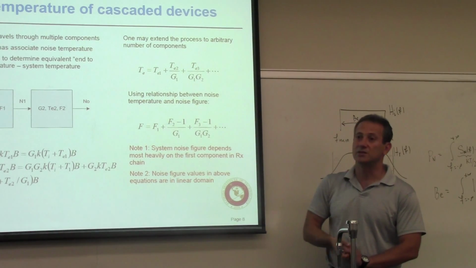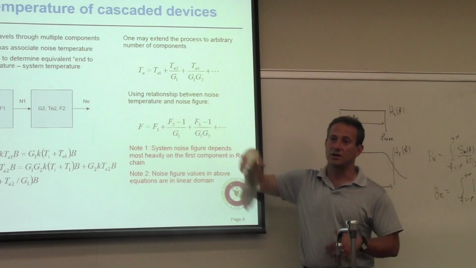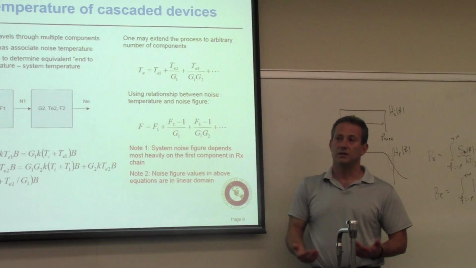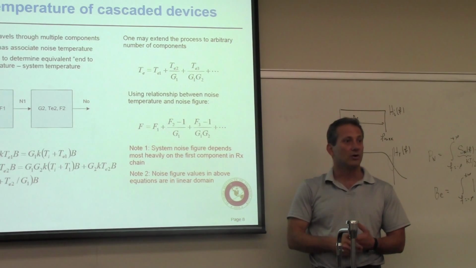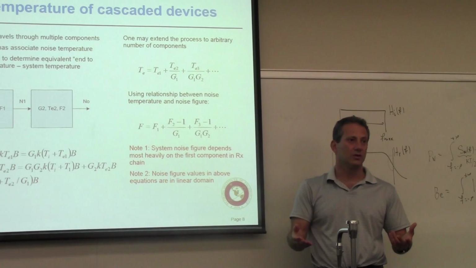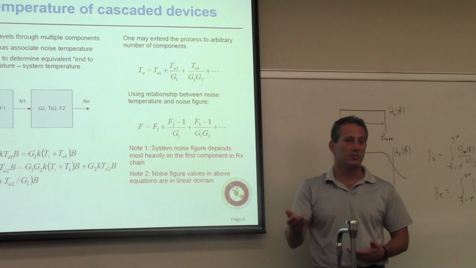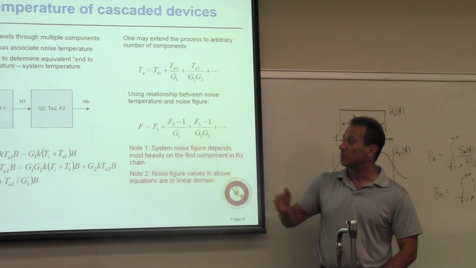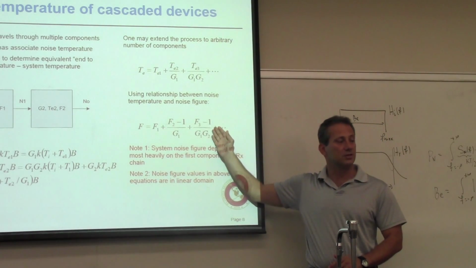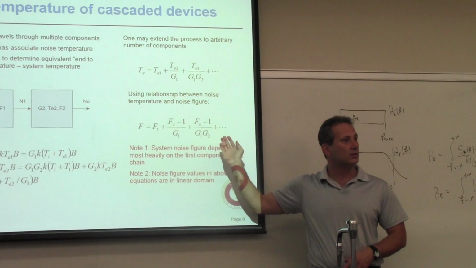If it amplifies the signal, then these G's are greater than 1. And if it attenuates the signal, then it has a gain that is smaller than 1. The gain is always larger than 0 in linear terms, but it can be either positive or negative in logarithmic terms. It's important to remember all the calculations that you see here are done in the linear domain.